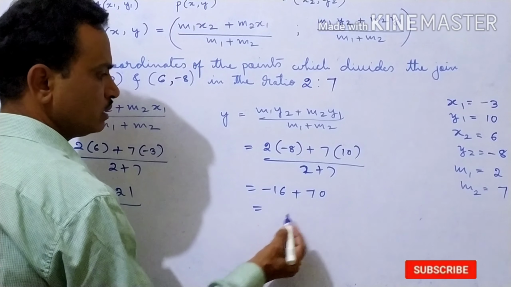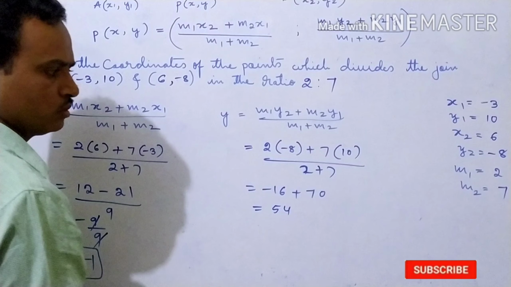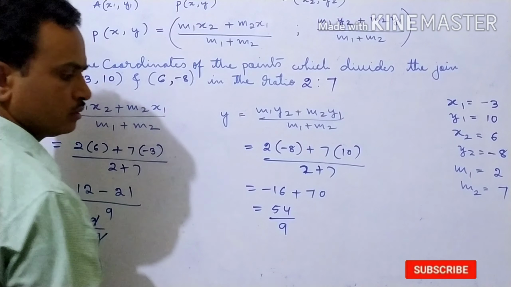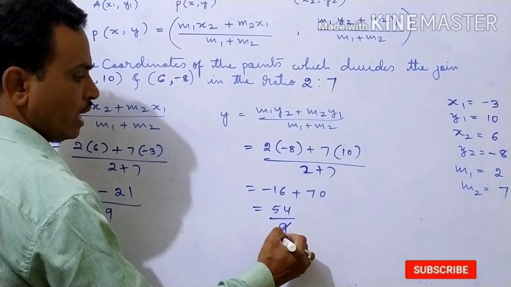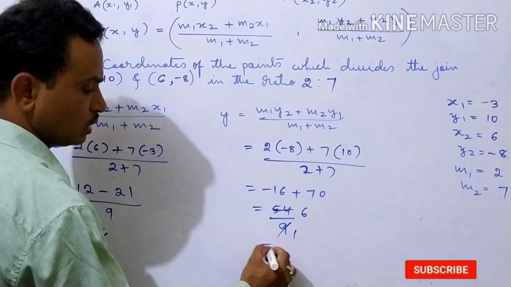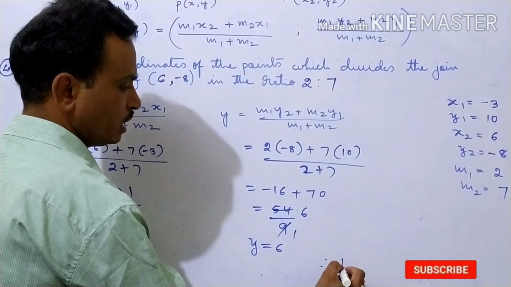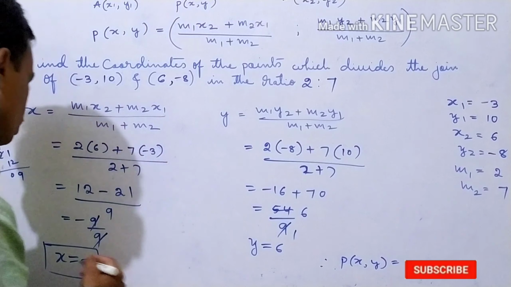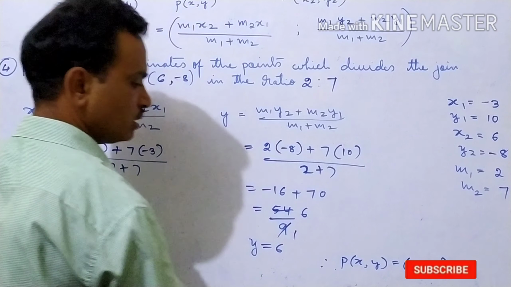Then subtract this, 70 minus 16, 54, then divided by 9. Okay. So 9 ones are 9, 6 nines are 54. So this is equal to 6, that is y is equal to 6. Therefore, coordinates of the point P x, y is equal to, what is x here? Minus 1, then y is 6.